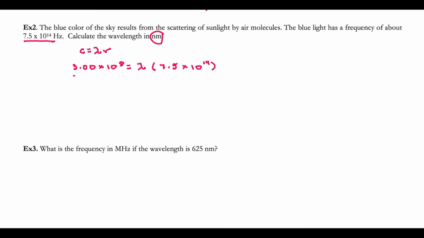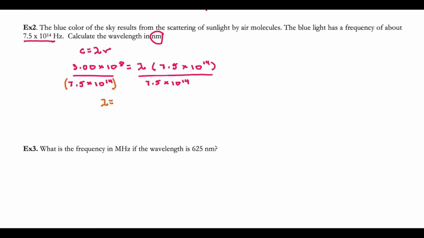Okay, so now I'm going to divide both sides by 7.5 times 10 to the 14th. Remember, when you are dividing in your calculator, to put 7.5 times 10 to the 14th in parentheses.